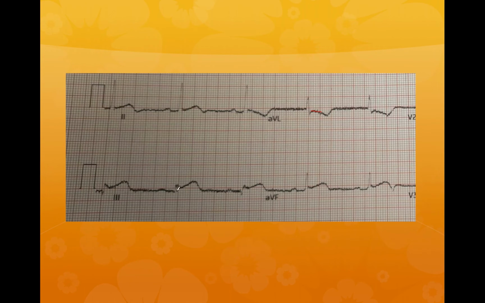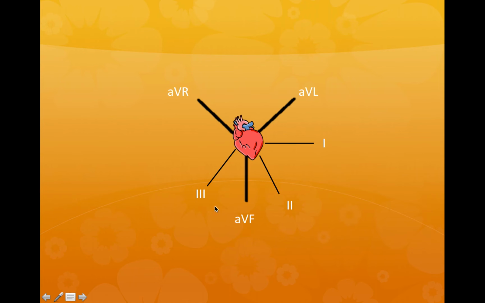And the reason is, so here we said that this is the inferior leads, here lead 2, AVF, and lead 3. If we look on the opposite side, more or less, we can see AVL. And what happens is AVL projects a mirror image, or not even a mirror image, that's the wrong way of describing it. It's just looking at the injury current from a different direction.